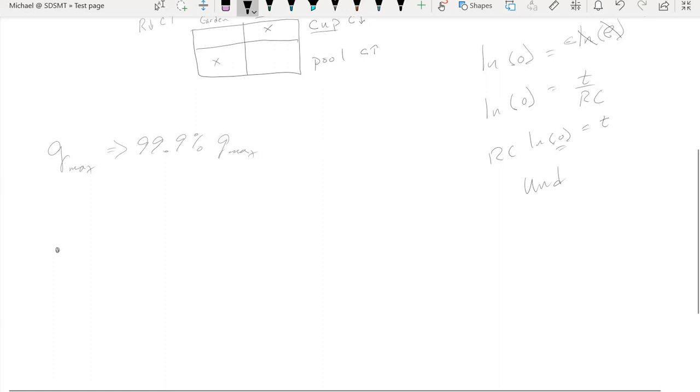If that were the case, then we could say that 0.999 of the maximum CE, we would set that equal to our time-dependent equation.